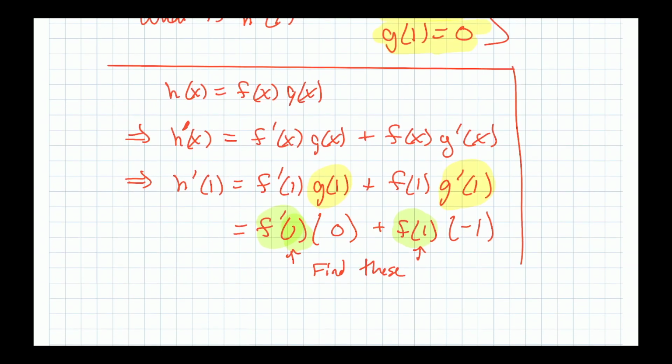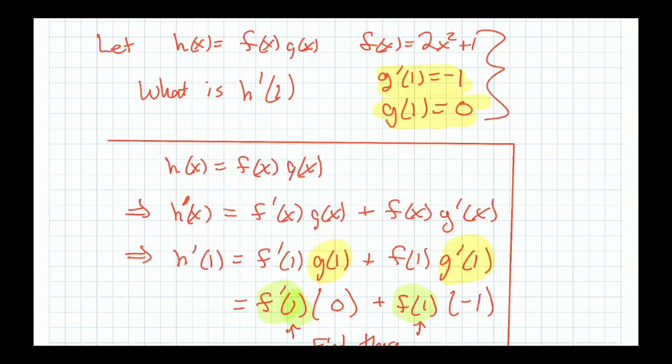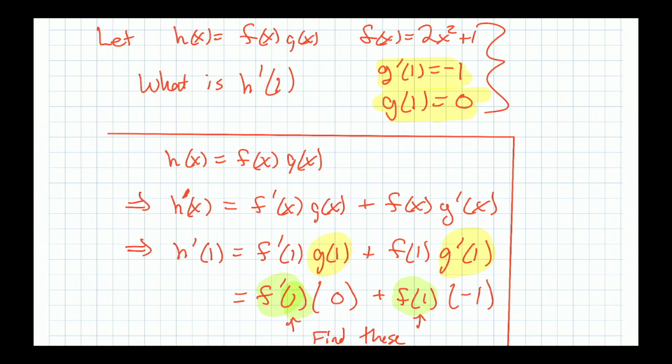I'm going to find them off to the side here, if I can. So I have f of x, so right here, f of x is 2x squared plus 1. What is f prime? That's easy, right? Power rule. So what's the derivative of 2x squared? 4x. What's the derivative of 1? 0. So it's just 4x.